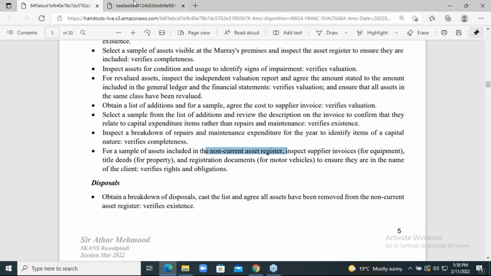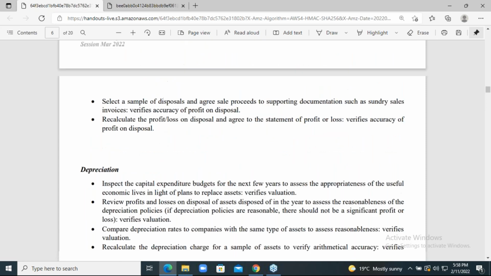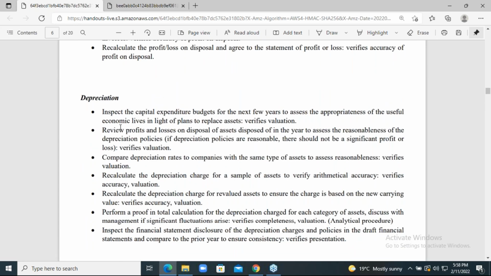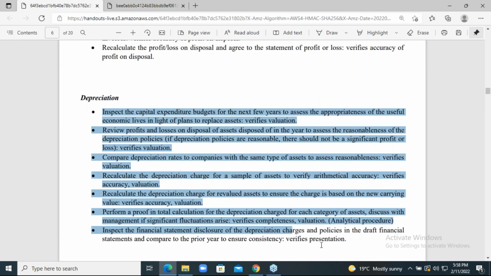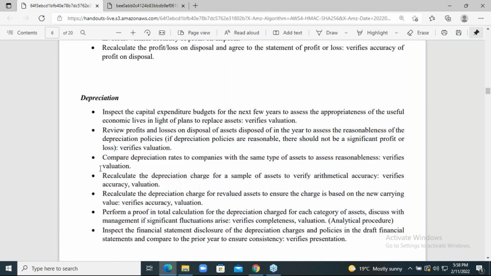Now, let's go back to the question. As far as depreciation is concerned, you don't need to write all these procedures. You can just apply this procedure: recalculate the depreciation charge for a sample of assets to verify arithmetical accuracy.